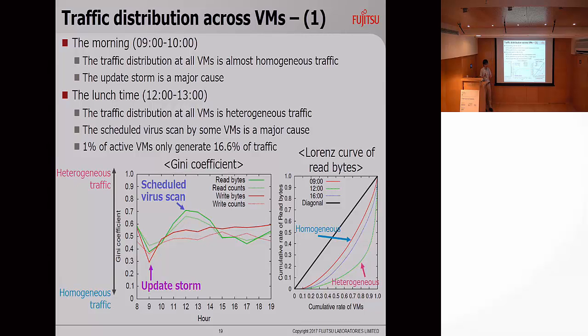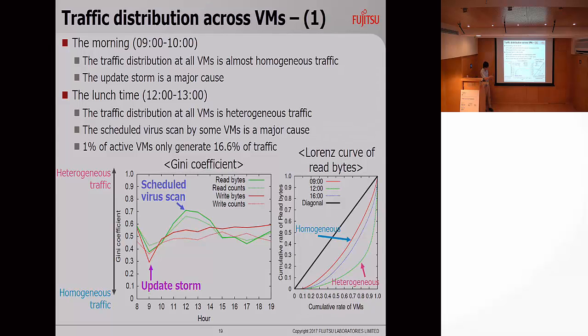In our case, with a low Gini coefficient, the traffic distribution is homogeneous. Thus, the VMs generated similar traffic. However, with a large Gini coefficient, the traffic distribution is oppositely heterogeneous across VMs.